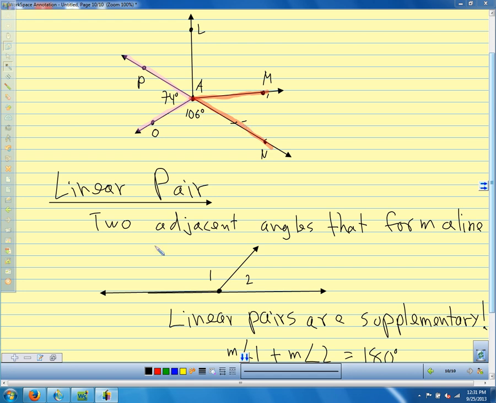So the question is, if we know that these are supplementary, we know this is a straight line. So what Maria's asking is if we add this angle plus that angle, would we get 180 degrees? What do you guys think? Yes. So those two angles would be supplementary. They would form a linear pair also. Very nice observation.